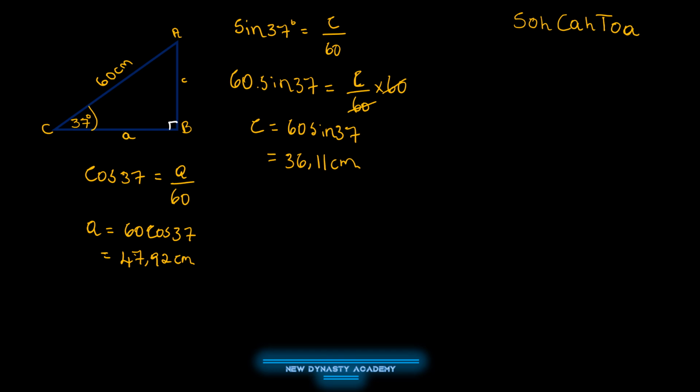So that is basically how you calculate the sides of the right angle triangle if you're given an angle and one side. And we can go on and calculate the measure of angle A.